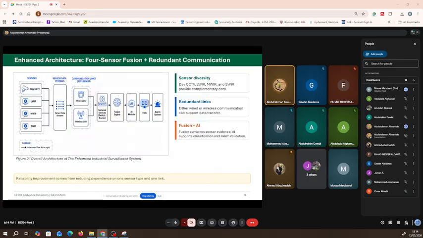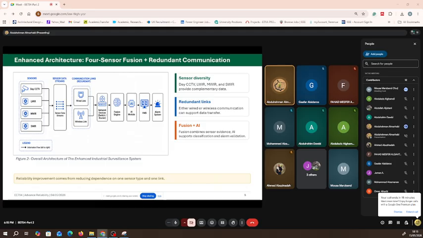The enhanced architecture improves the traditional system in two main ways. The first improvement is sensor diversity. Instead of using only the day CCTV camera, the enhanced system uses four sensors: the day CCTV camera and the L-Ware, M-Ware, and S-Ware cameras. The second improvement is communication redundancy.